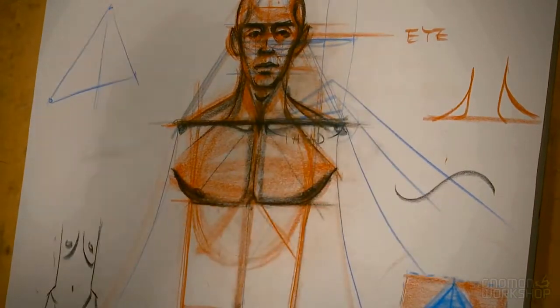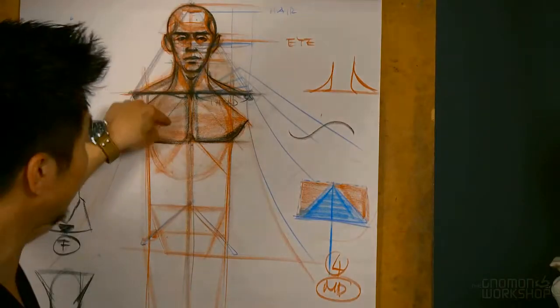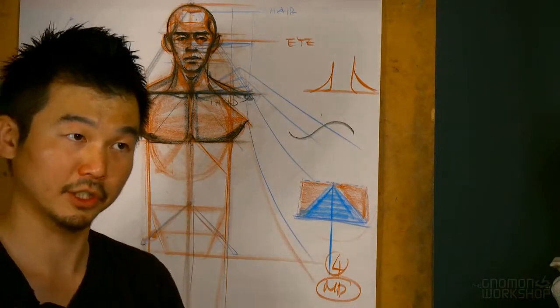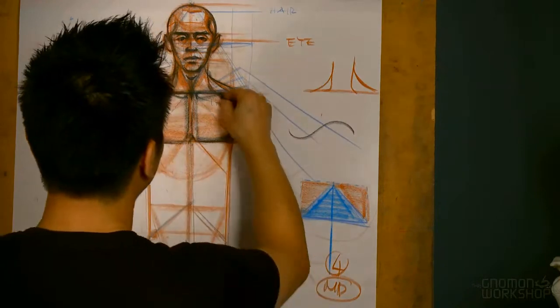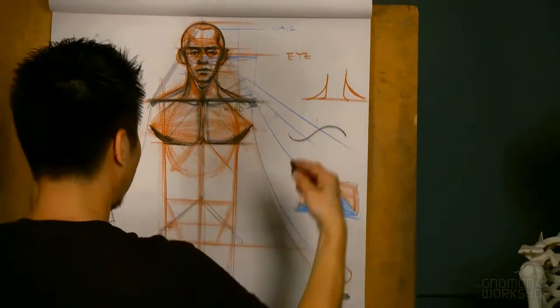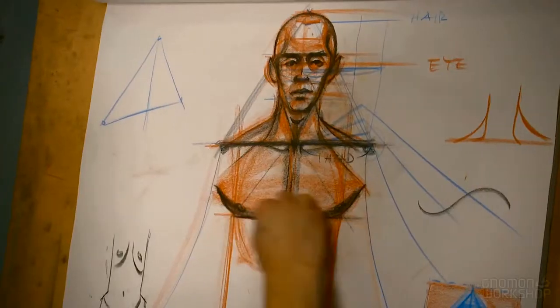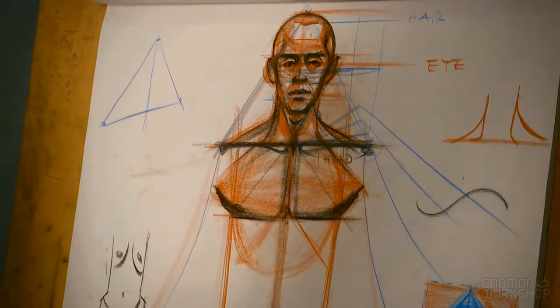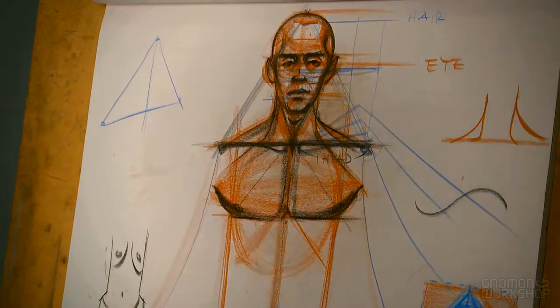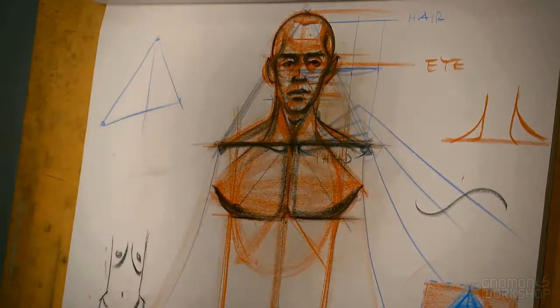So they kind of flow together. Anytime you can connect things, connect them, because it keeps your drawing more harmonious. It gives you good relationships. So that's where one head down is your chest.